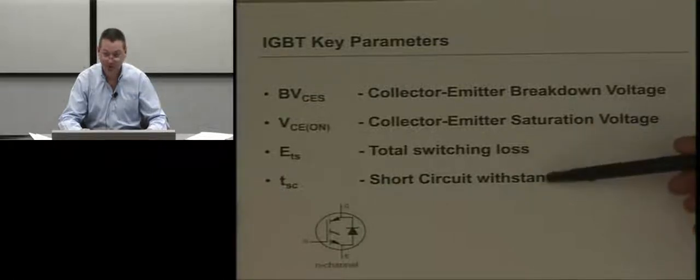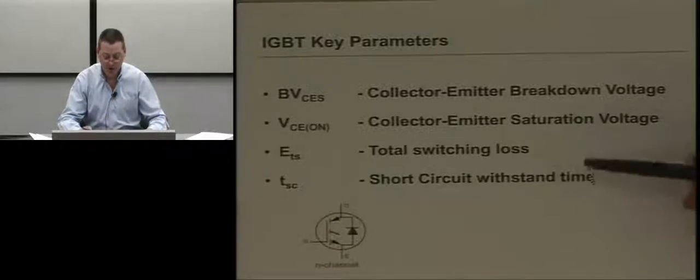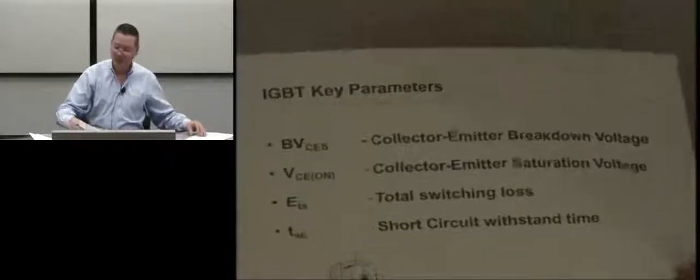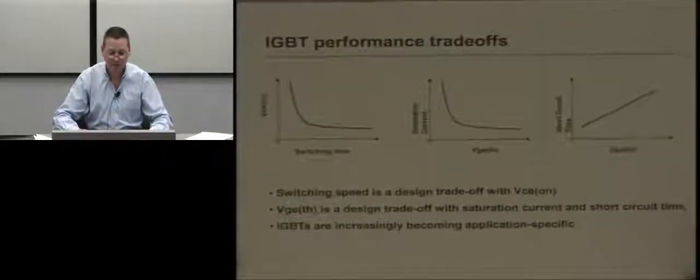And then there's short circuit withstand time, which I briefly mentioned, but this is essentially a measure of how long can the device survive when turned on into a bus where you have an accidental short. How long can it do that and survive? And they're typically rated, and I'll show you an example in a minute.